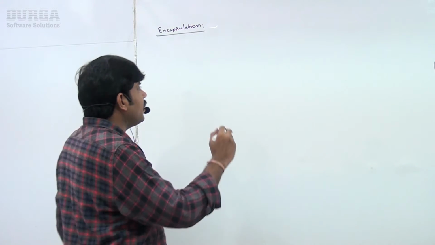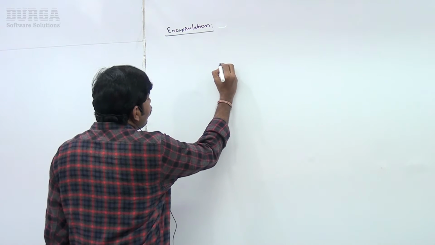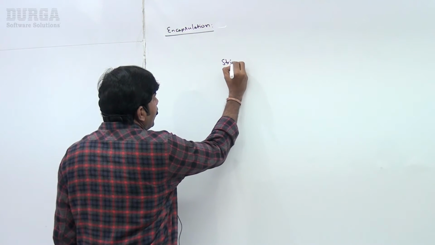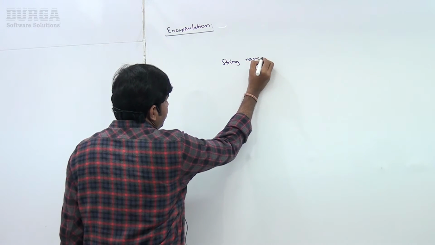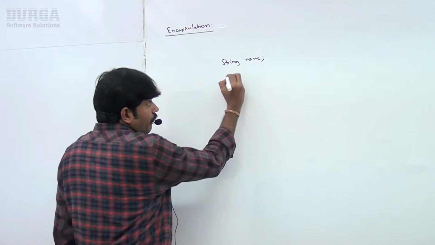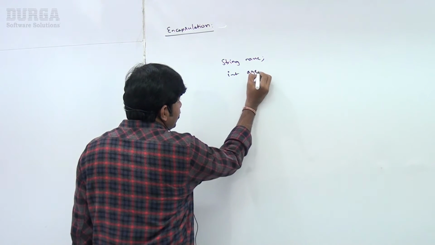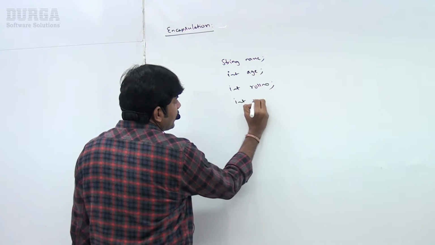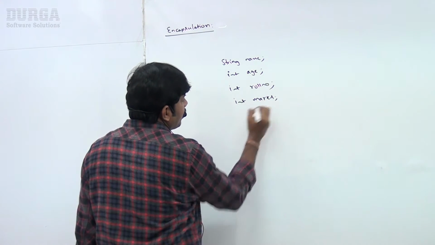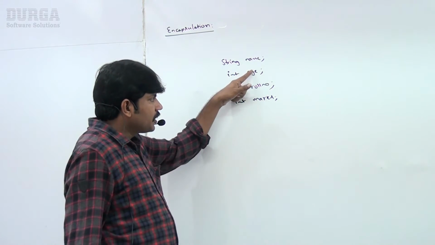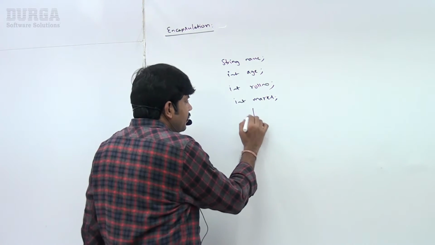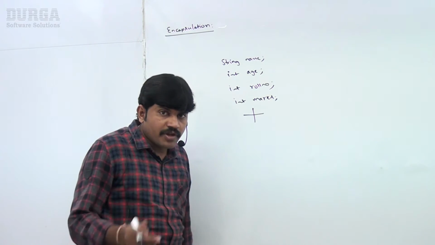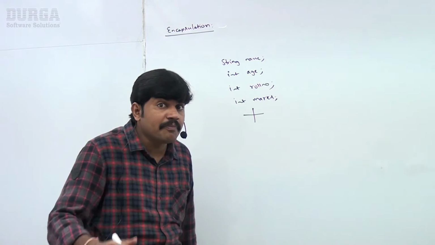Sir, the best example I am taking here: for every student, name will be required, age, next roll number, marks are required. Plus for every student, the corresponding methods.